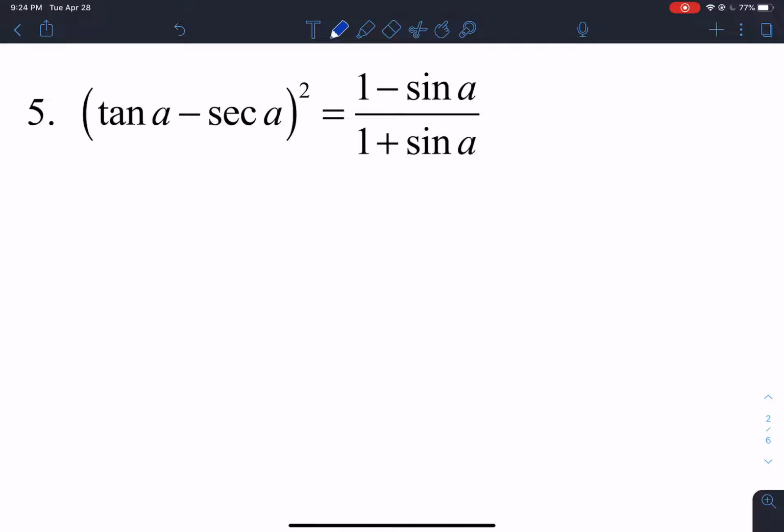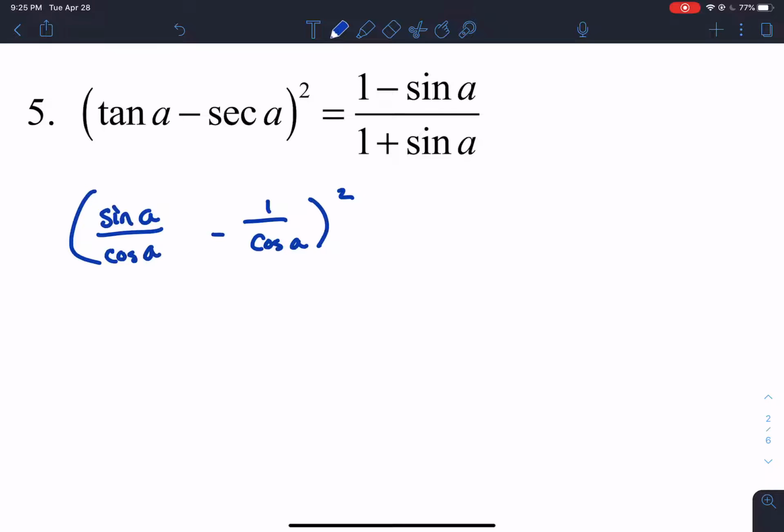Okay, so for number 5, I believe you can do it either side. What I'm going to do is use the left side. So for the left side, I can make it sine of A over cosine of A minus 1 over cosine of A, and we're squaring that.